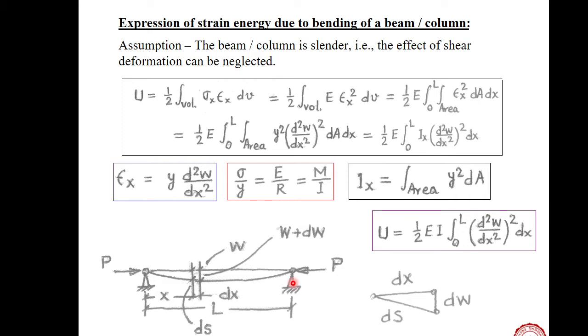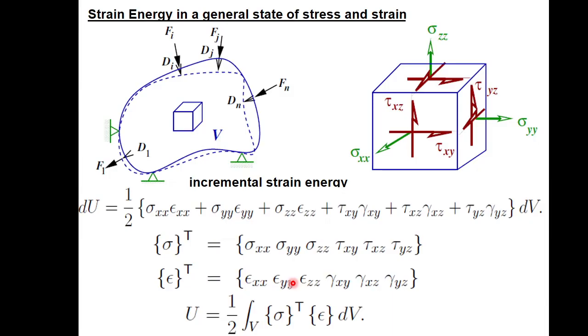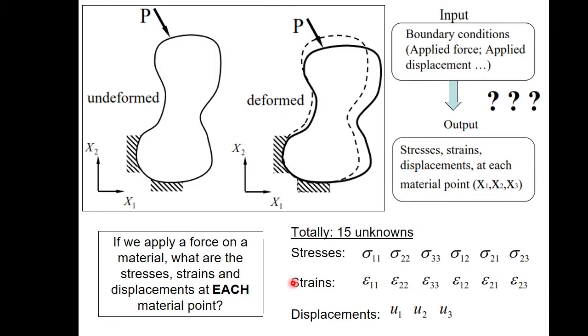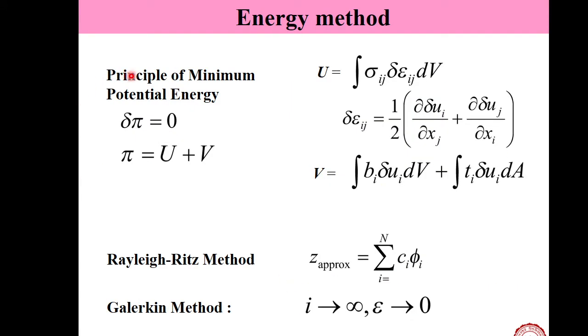And what is our statement of total potential? It is U plus V. Okay, right? Variation of pi is 0. Pi is total potential. You see the statement, initial statement. What was that statement? U plus V and d of pi equal to 0. This is the thing. Yes, sir.